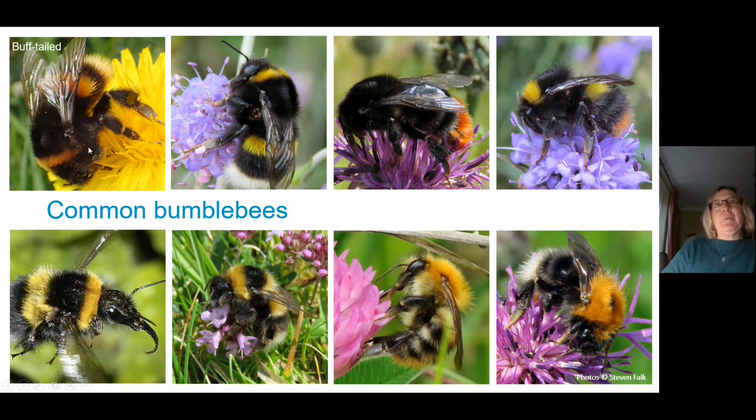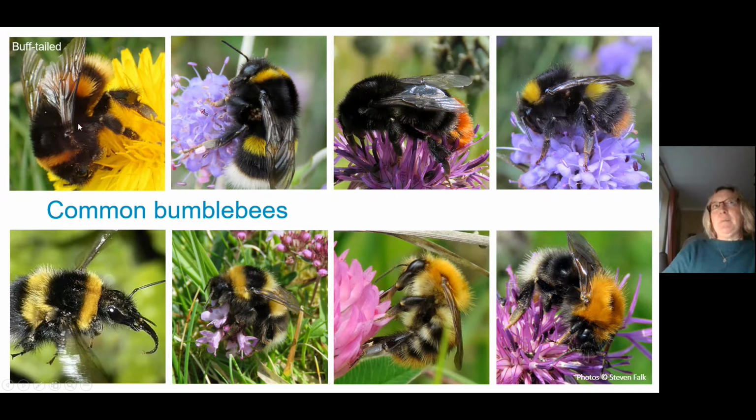The buff-tail bumblebee has a buff-coloured tail, as its name suggests, so never a snowy white tail, and 2 often deep yellow, almost marmalade-y orange stripes, one on the thorax behind the head, if you remember that middle section, and one on the abdomen here, and then that buff-coloured tail.